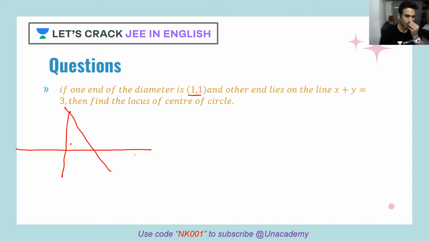This sort of circle, this is your 1 comma 1, and the center is what? Because the center's locus needs to be found out, I'll give it as h comma k. Now let's solve it.